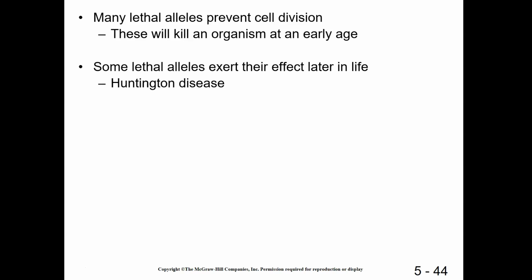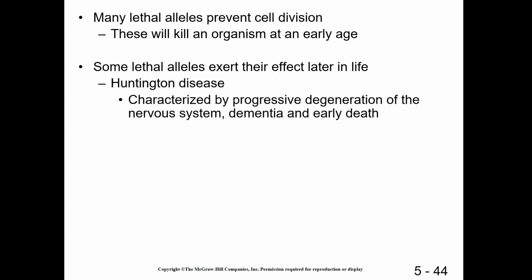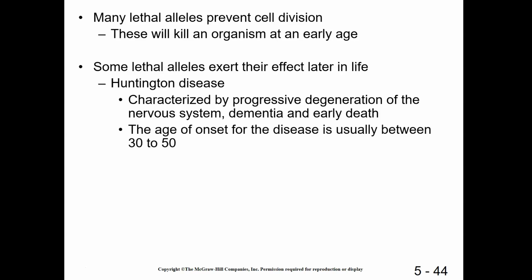So some of these lethal alleles can prevent cell division. So that will kill an organism at an extremely early age, sometimes even before embryonic development is complete. Some lethal alleles cause an effect later in life. Huntington's disease does this. It's the progressive degeneration of neurons in the central nervous system.